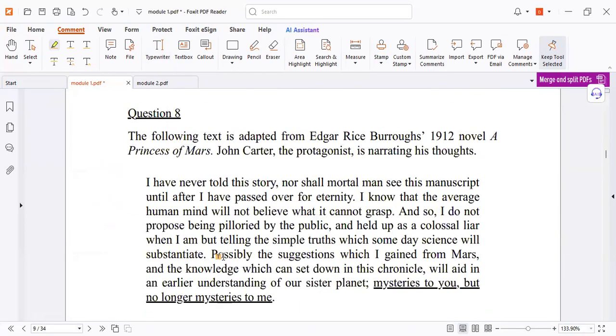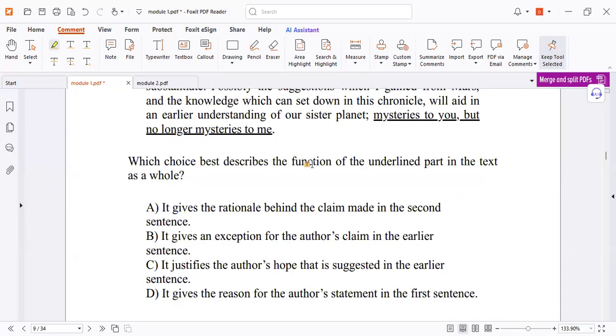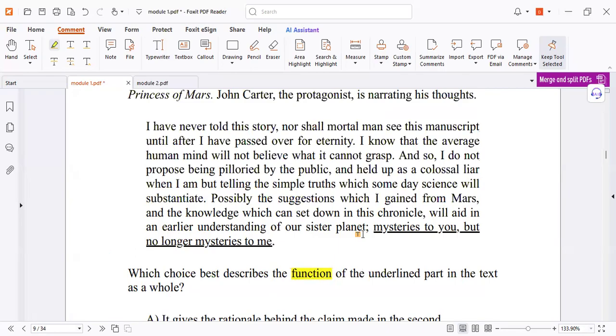Okay. Number 8. Number eight. Let me check. I chose C. Function, and it is C, correct.